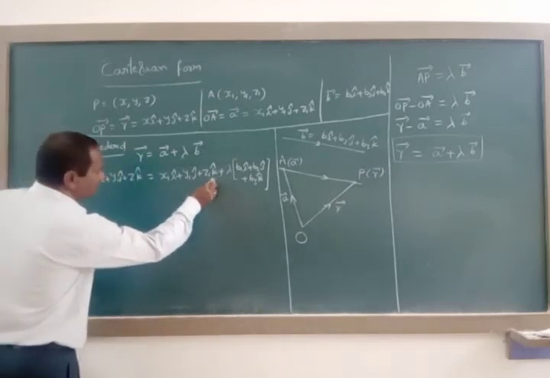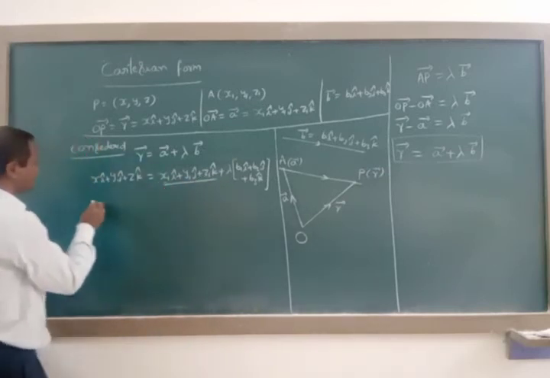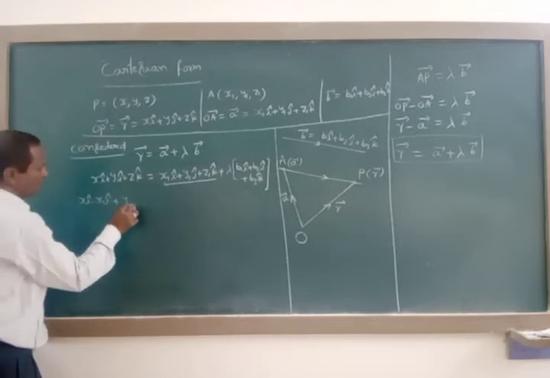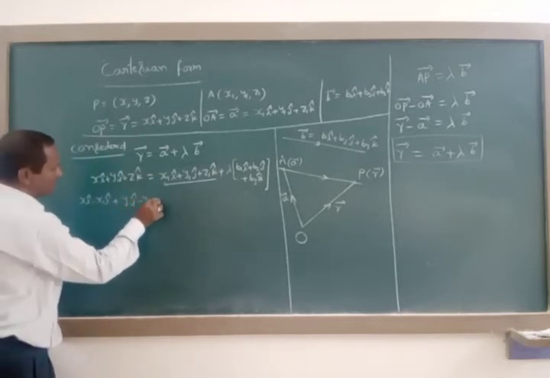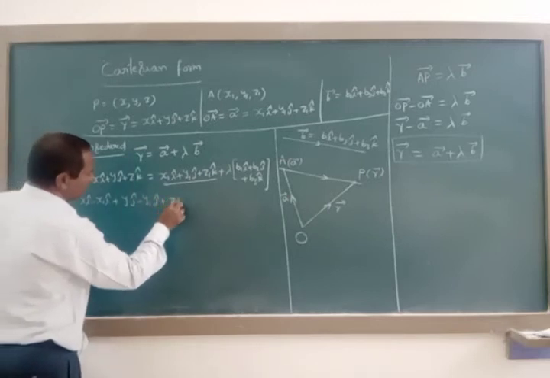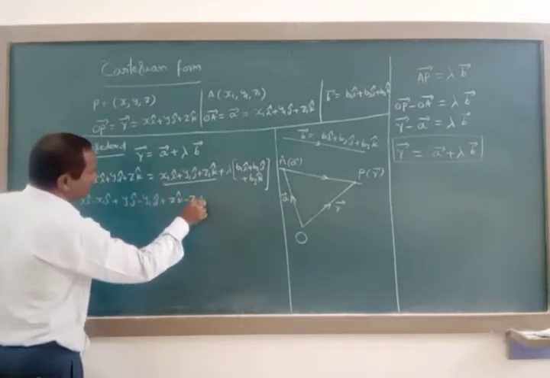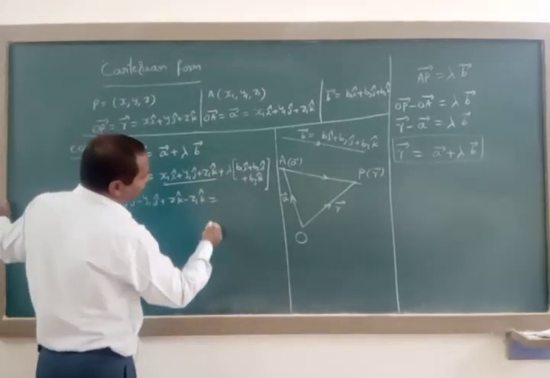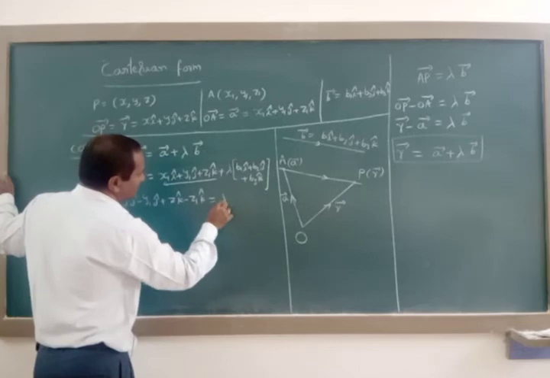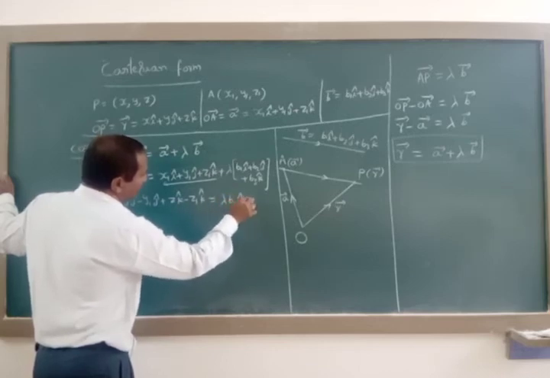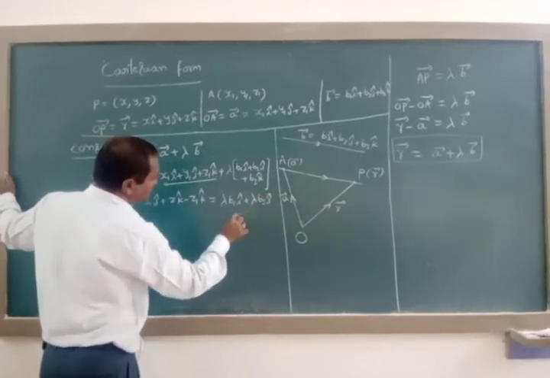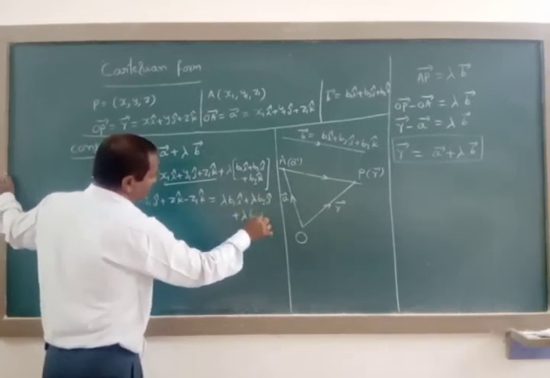Send all this to this side: x i cap minus x1 i cap, next y j cap minus y1 j cap, z k cap minus z1 k cap is equal to lambda multiplied with all these three terms, that is lambda b1 i cap plus lambda b2 j cap plus lambda b3 k cap.